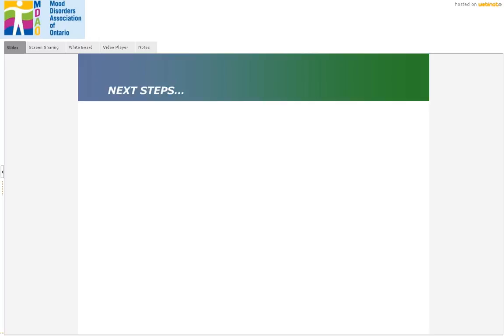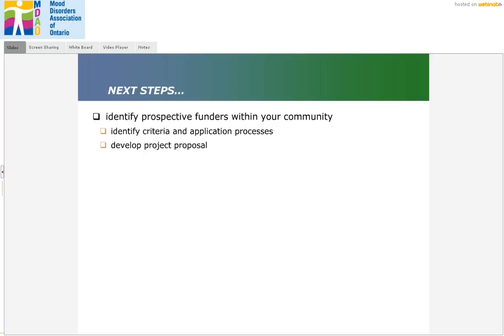So as for next steps in this grant writing process, it is for you as an organization to identify prospective funders within your community. So identify the criteria and the application procedures or processes required, and also start developing that project proposal after you've studied the criteria and application process of the funder that you have identified.